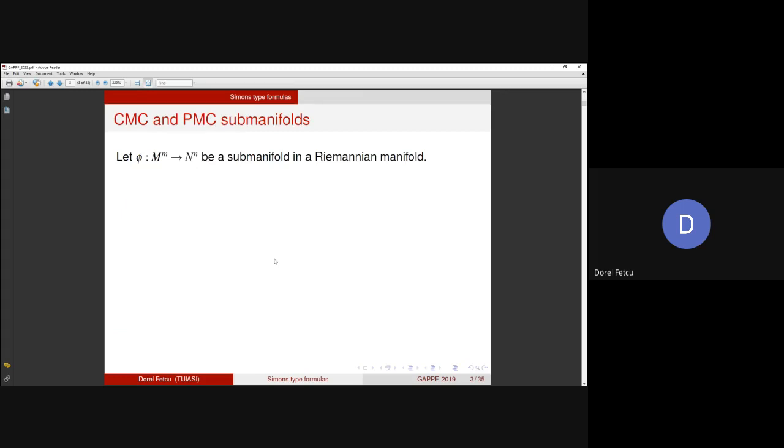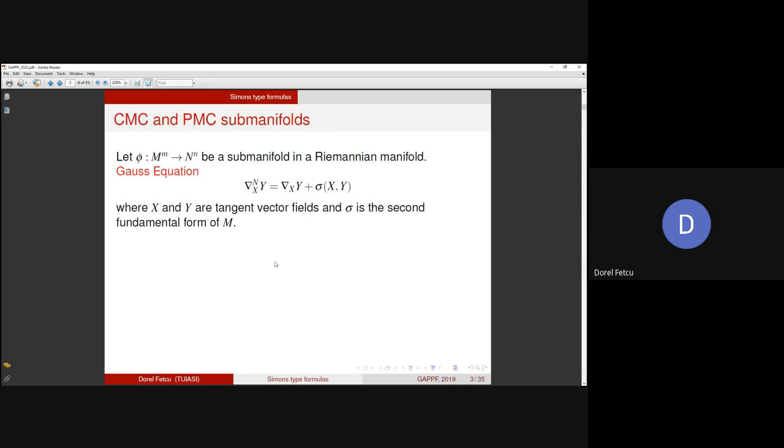So let me first say a few basic things about constant mean curvature and parallel mean curvature submanifolds. We consider M a submanifold in a Riemannian manifold N, and we have the well-known Gauss equation that defines the second fundamental form of the surface, the induced connection on the submanifold.